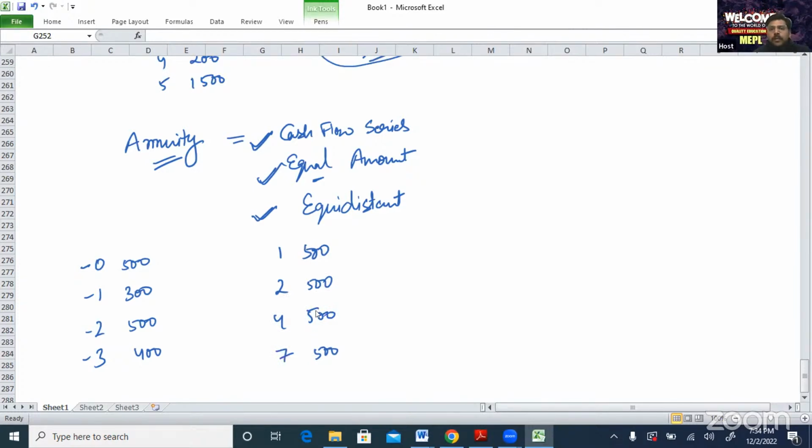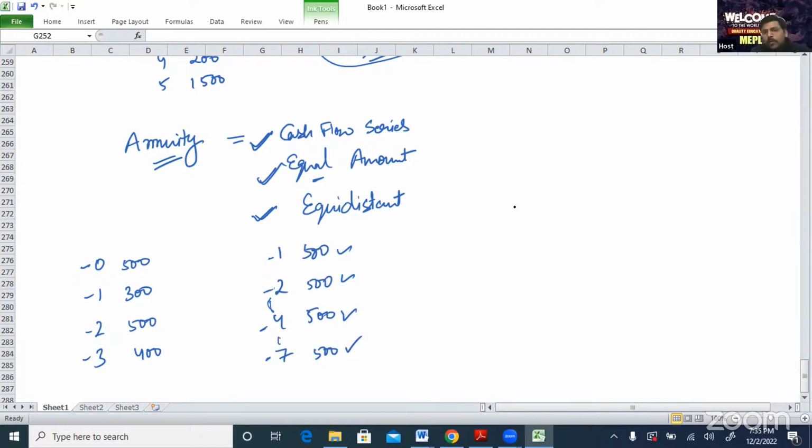If we have this situation, the question is how to deal with it, whether this is an annuity or not. Now you can see my cash flows are of the same amount, but they are not equidistant. Here this is at the first period, this is at the second, then there is a 2 year gap, then a 3 year gap. So this is not equidistant, so this is again not an annuity. We can say there are multiple cash flows, but this is not an example of annuity.